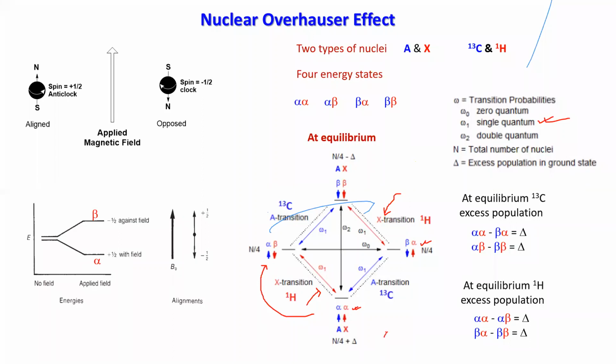It is del by 2. Yes or no? Yes, sir, del by 2. Del by 2 you have to transfer. If you subtract del by 2 from here, and add del by 2 here, both will be the same, right? And you can do that from here to here also. If you subtract del by 2 here, and add del by 2 here, both will be the same, right?